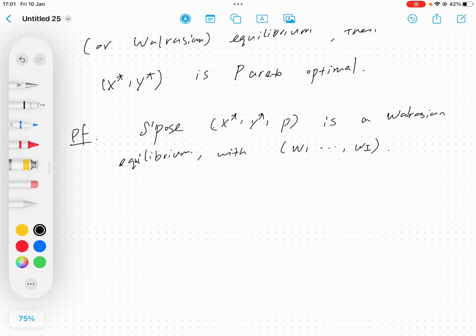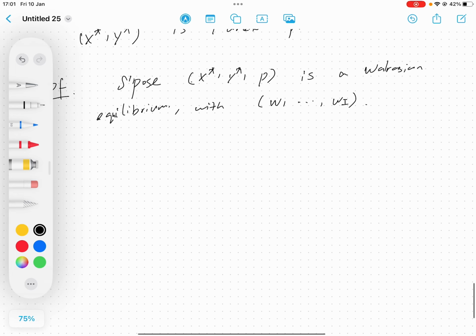Remember that in the definition of the Walrasian equilibrium, the summation over i of all the W's has to come either from the endowments or from the productions.